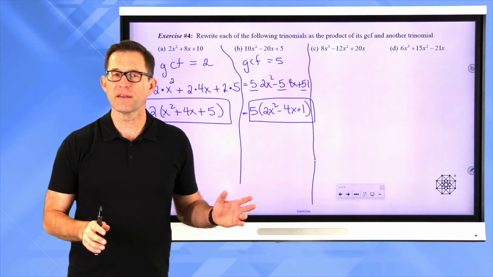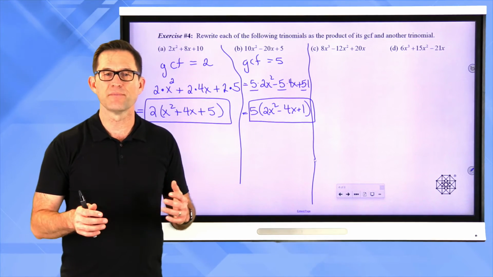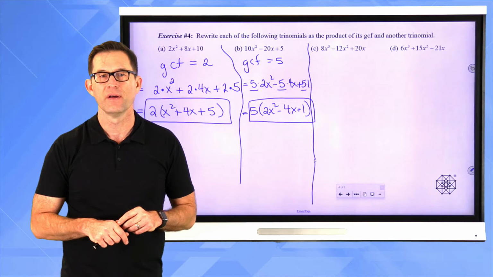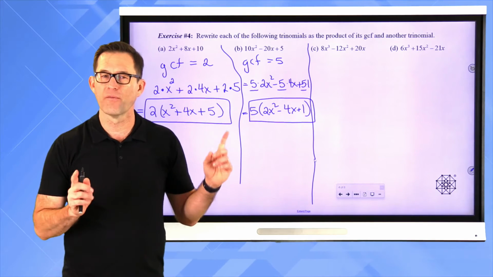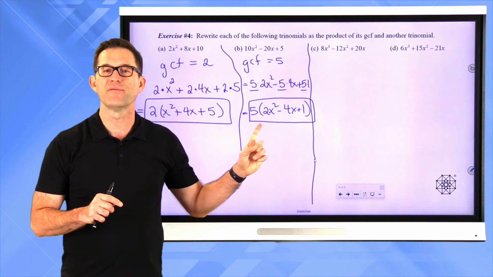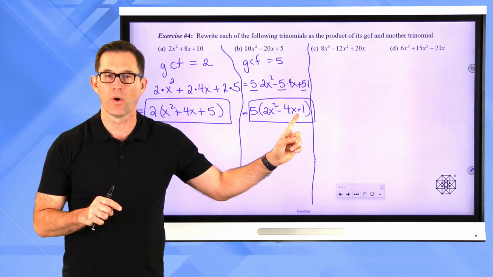Now, I said you had to be a little bit careful on this, and the reason why is that it's very tempting when people use the phrase factor out a GCF. It's very convenient for students to say that all of this would become 5 times 2x squared minus 4x, and they wouldn't include the plus 1, right?